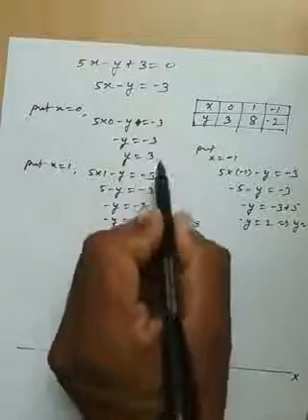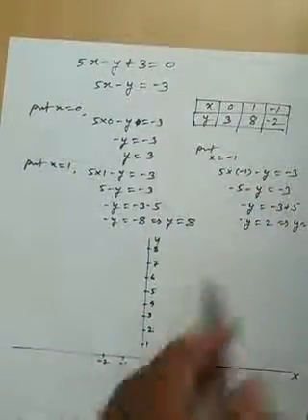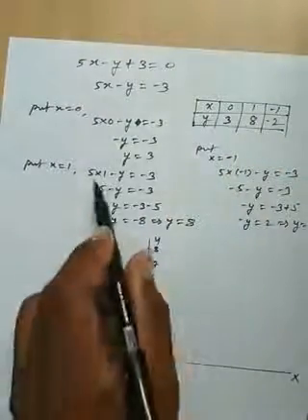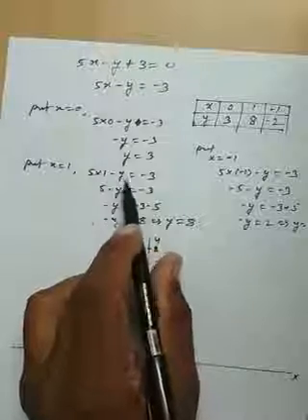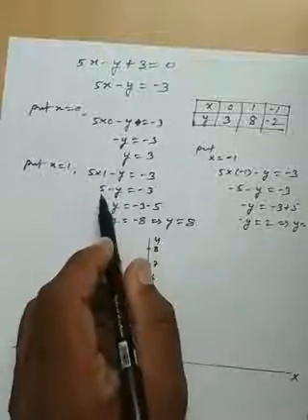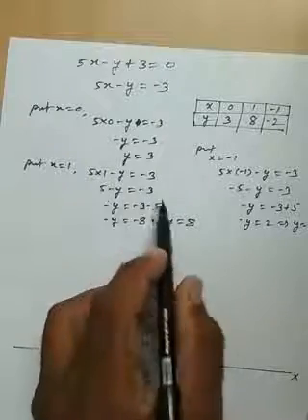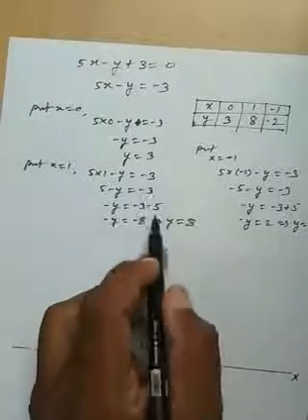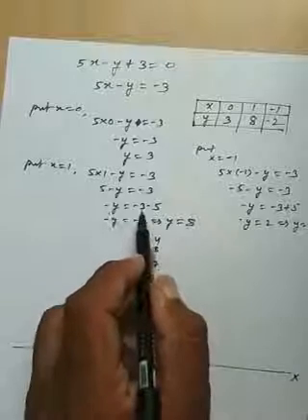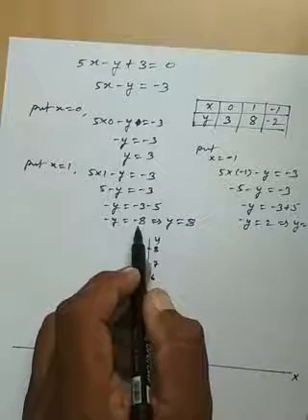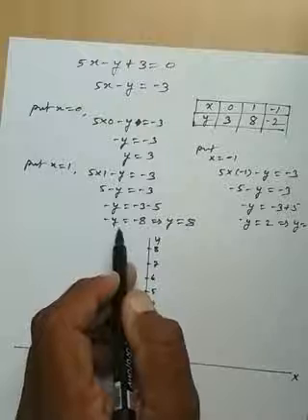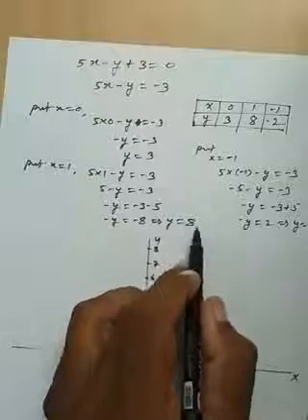Then y equal to 3. This is the first solution. Again put x equal to 1. Then 5 into 1 minus y equal to minus 3. Then 5 minus y equal to minus 3. Transpose 5. Then minus y equal to minus 3 minus 5, which is minus 8. Minus and minus are cancelled, and y equal to 8.